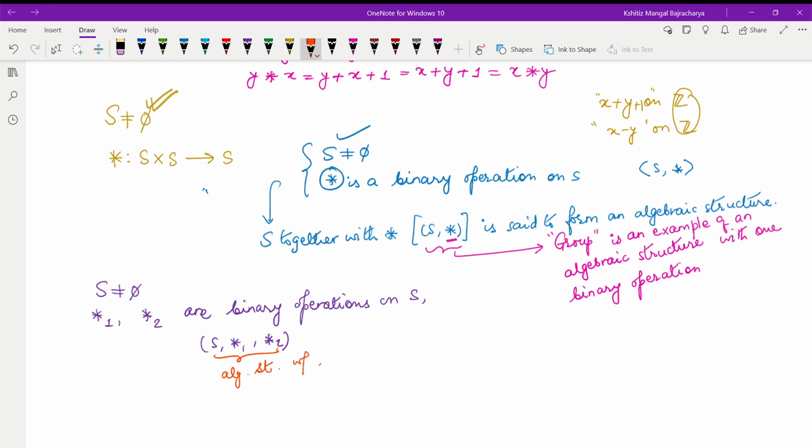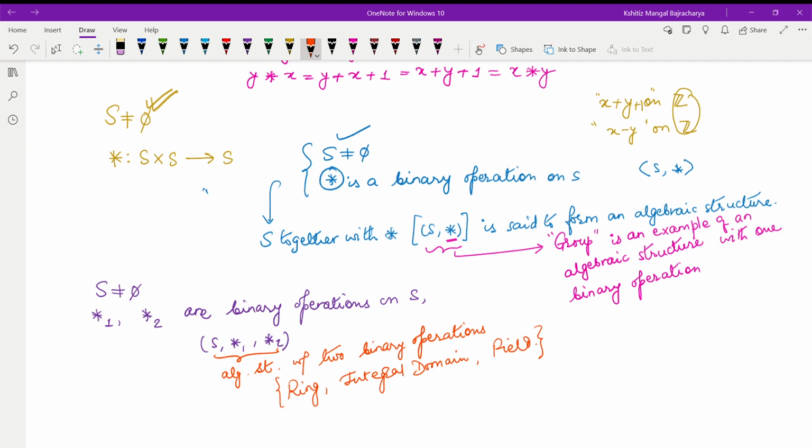An example of this would be a ring, an integral domain, which is a special kind of ring, and obviously a field. We will be discussing these in a separate series of videos. But the basic concepts are the same.